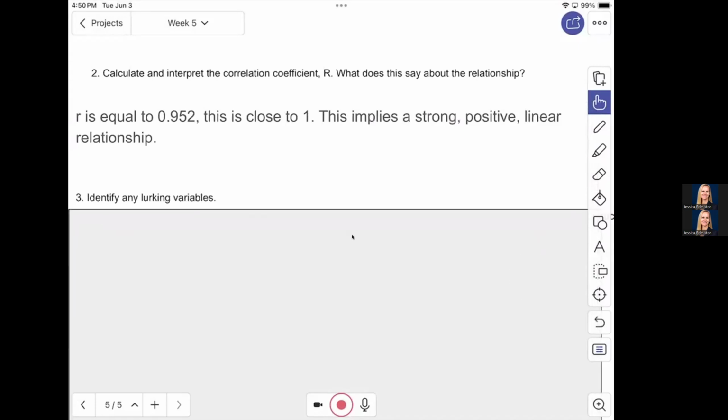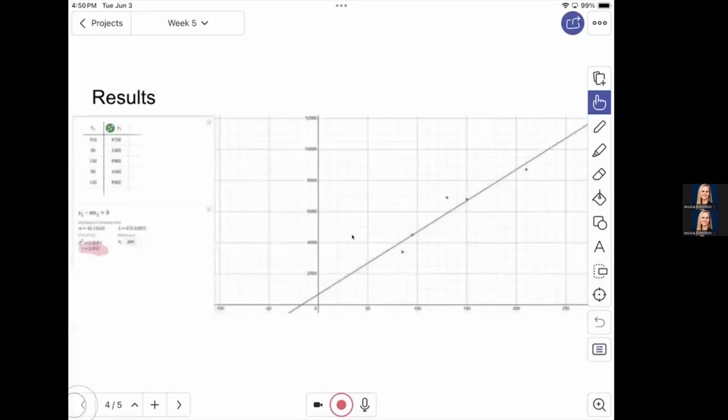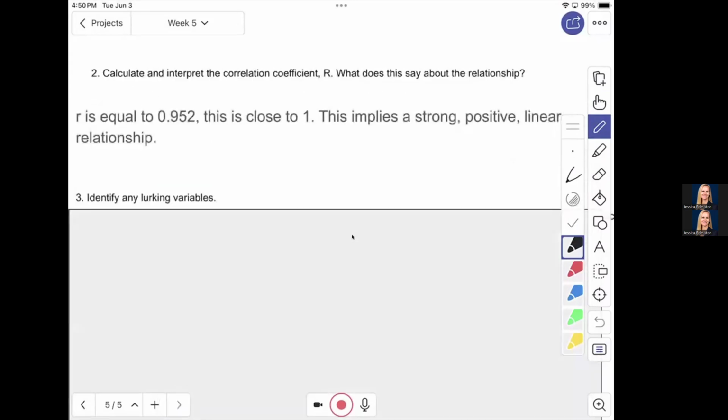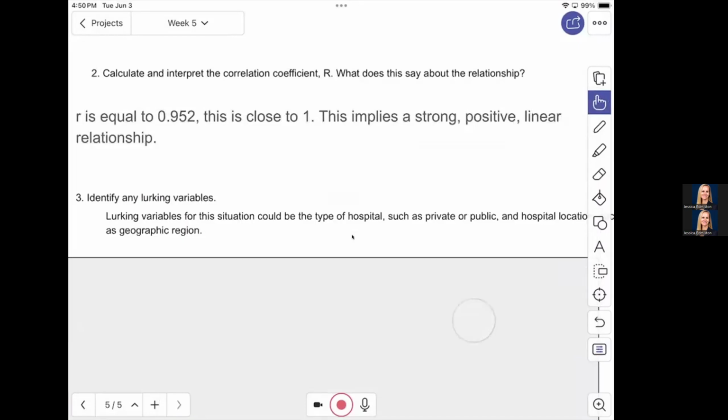And then identify any lurking variables. So in this case, the information that we were given was the number of beds and then the annual patient visits based on the number of beds. Is there a correlation between the number of beds and how many people visit? And so some lurking variables could be that maybe the type of hospital matters.